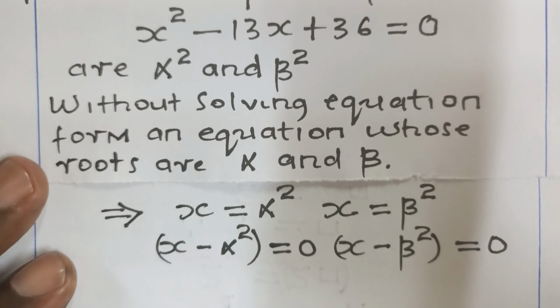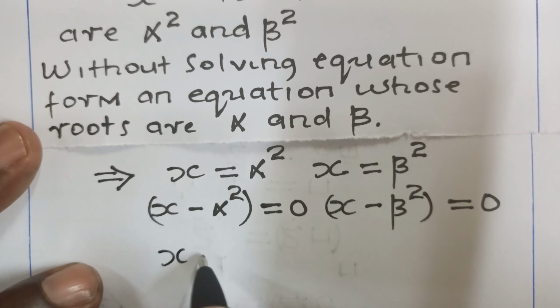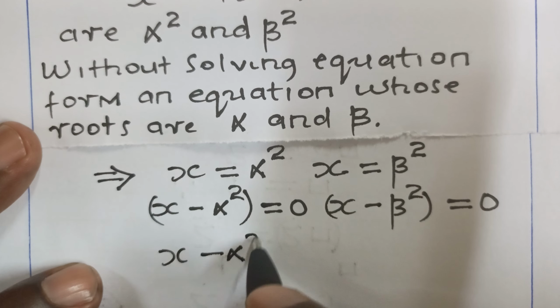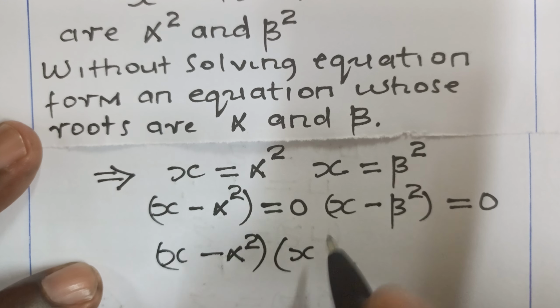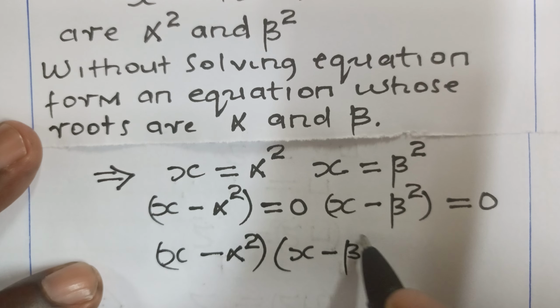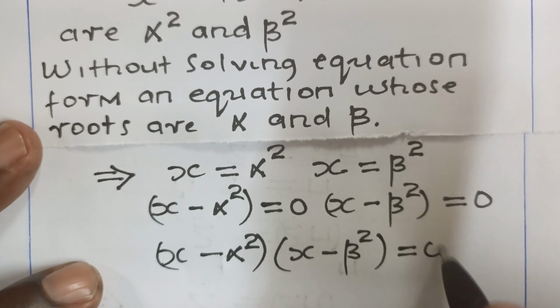And so our factors are x minus alpha squared, x minus beta squared, and this equals 0.